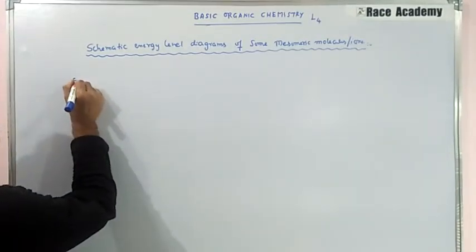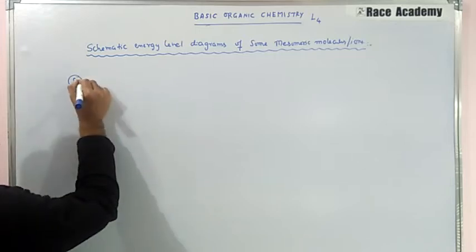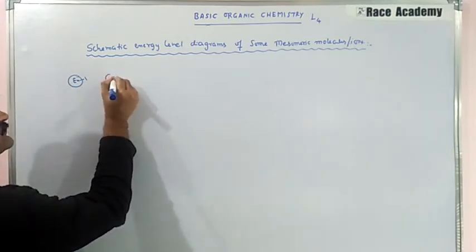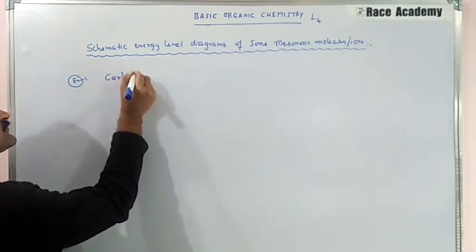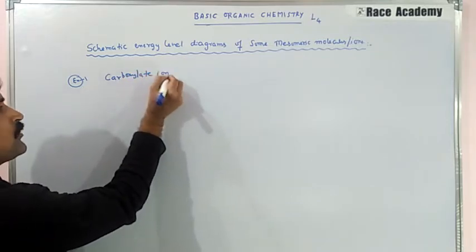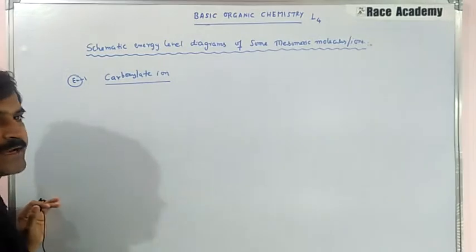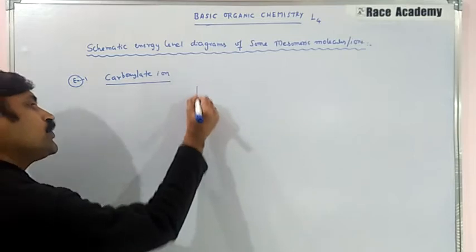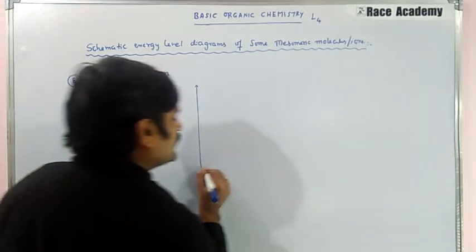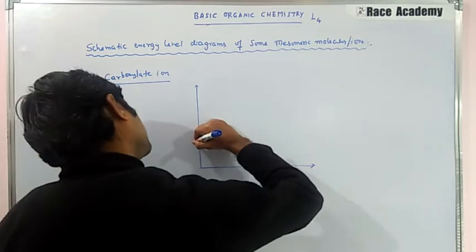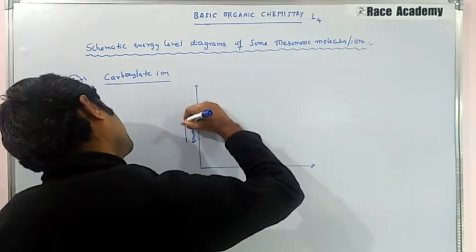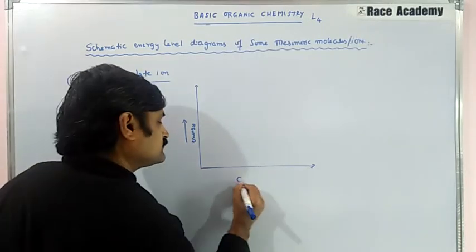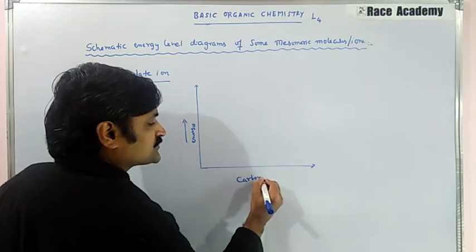First I will take an example, that is the carboxylate ion, the acetate ion. Over the y-axis I will take energy, and here I will take the ion, the carboxylate ion, and its progress.